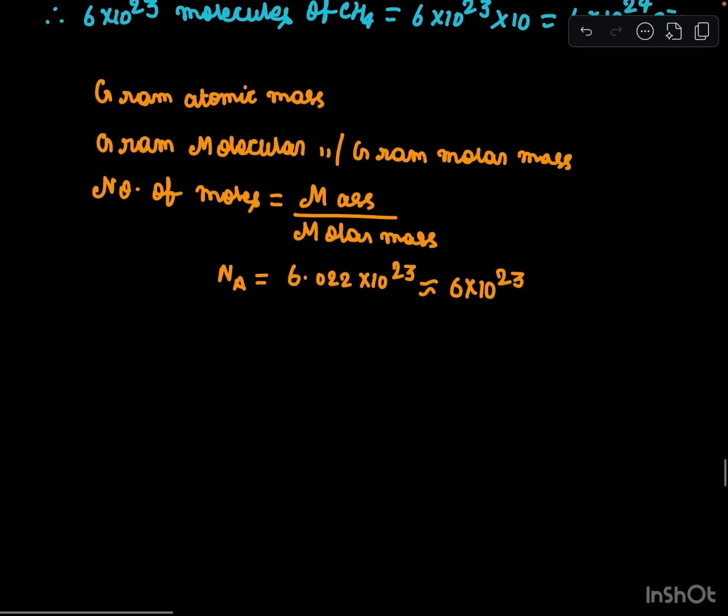Finally, to calculate anything, from mass you go to the number of moles, then to the number of atoms or molecules. From there you can go to the number of electrons. That's everything.